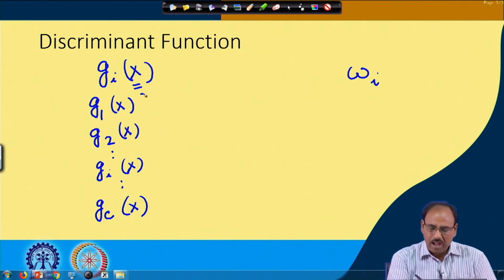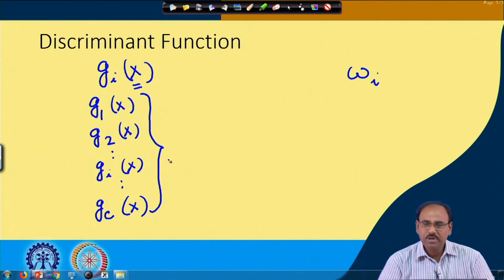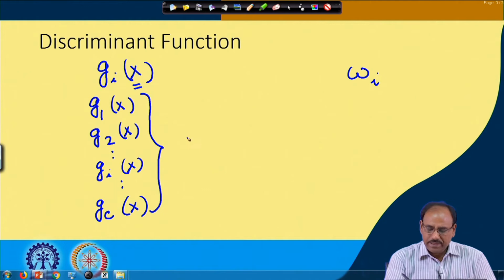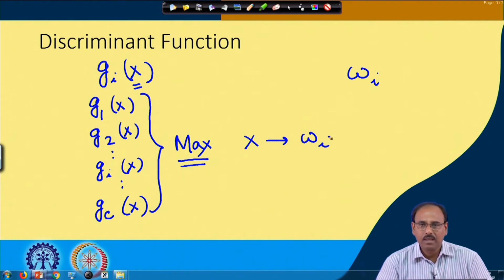Then I find out which of all these functional values is maximum, and for whichever i this turns out to be maximum, I classify x to that corresponding class omega i.